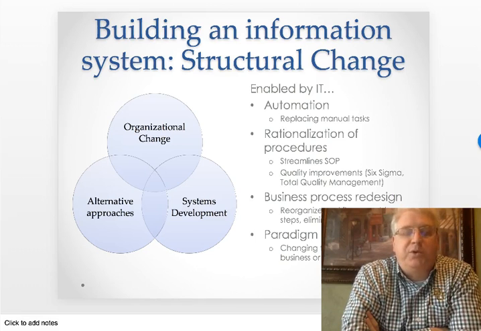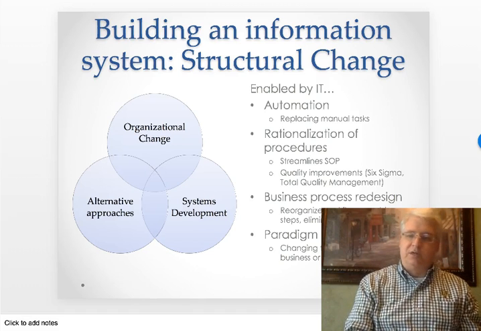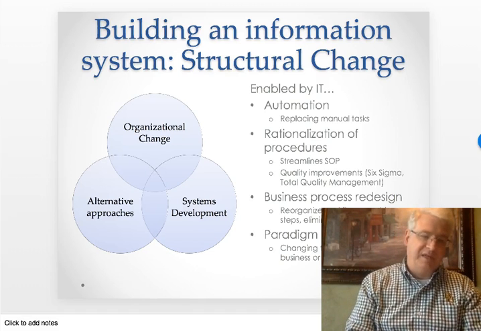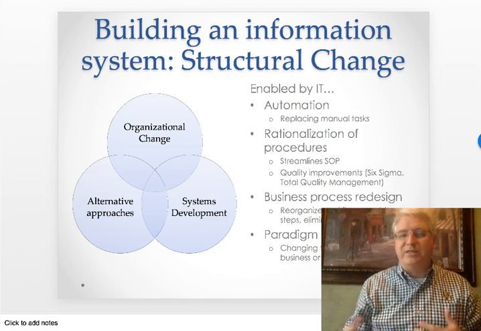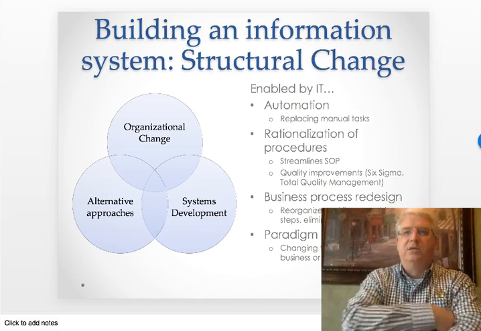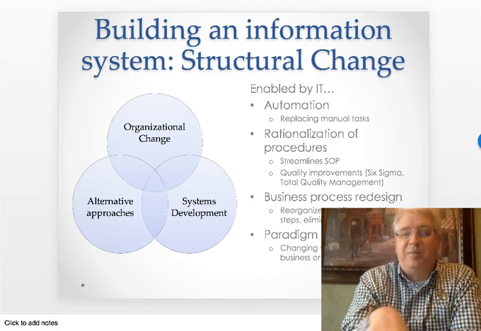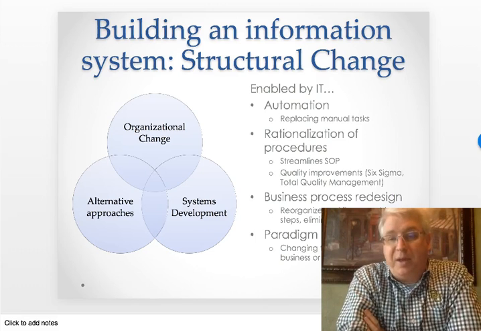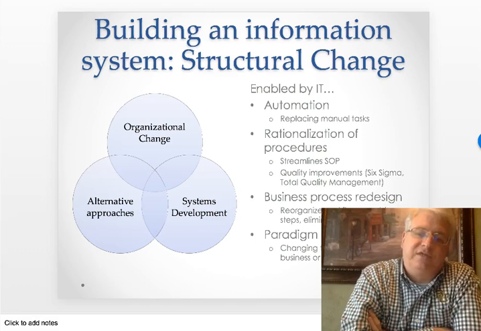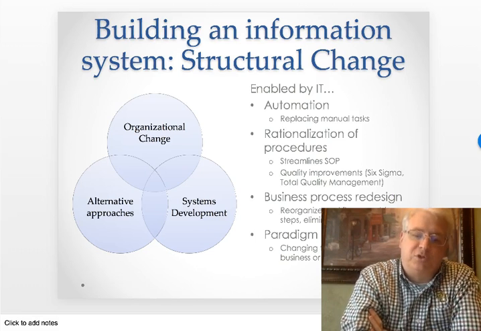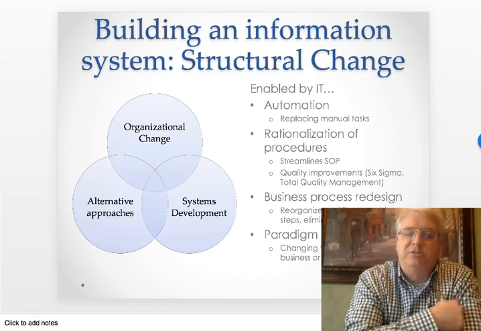So placing an order, instead of writing the sandwich orders down on a piece of paper, perhaps you can enter that data electronically from a list of things, so you always get it accurate and nobody has to decipher your handwriting. You're simply replacing a manual task with an automated approach and making it more efficient, in theory. So that kind of structural change can be enabled by something as simple as automation.